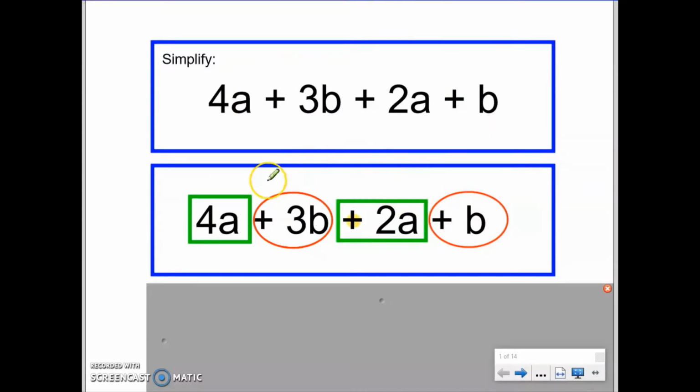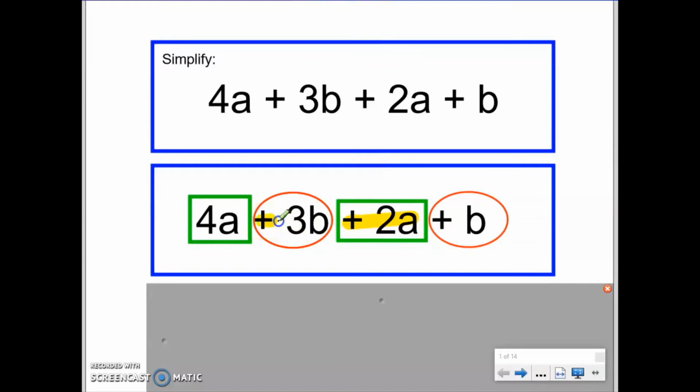So once you set up the question like this, it's quite straightforward to collect the like terms, to collect the similar terms. If we look at the green boxes, we have 4 a's, then I'm going to add on 2 a's, meaning I have 6 a's altogether. And then completely separately, I'm going to look at the b's.